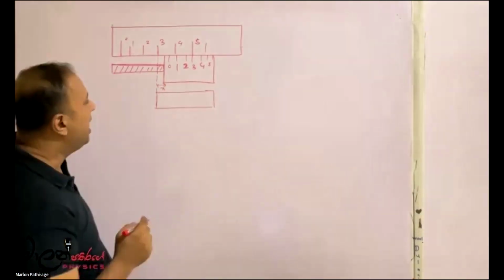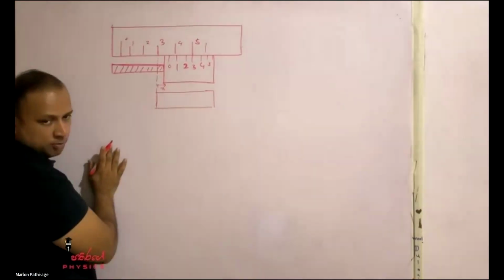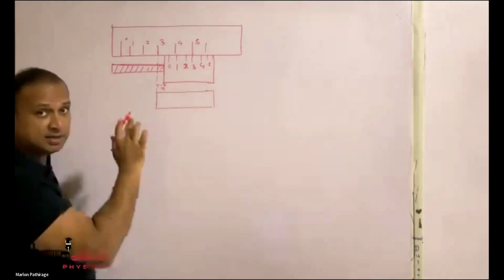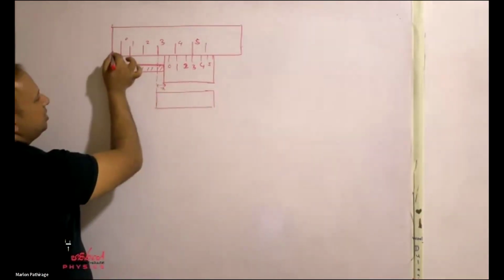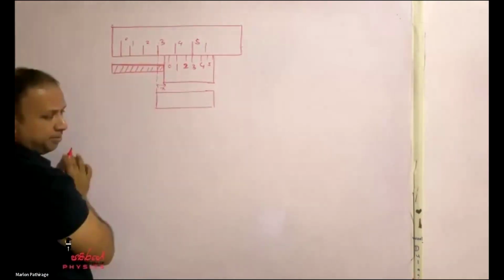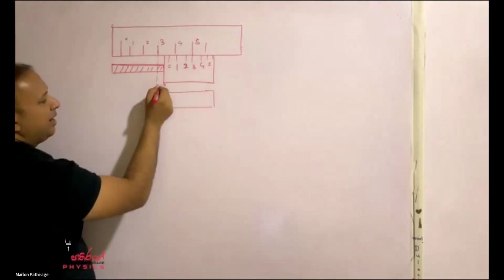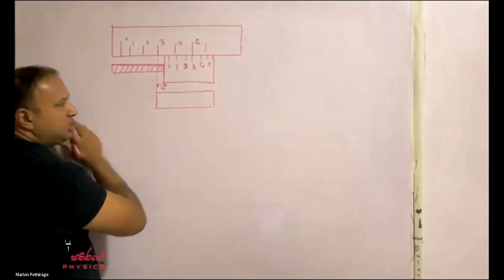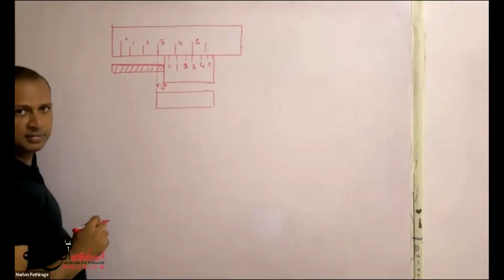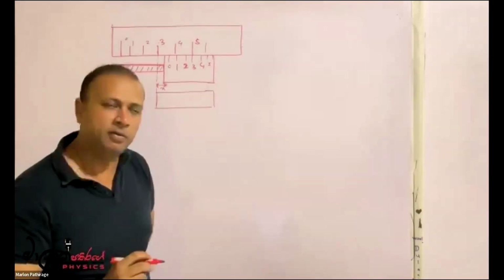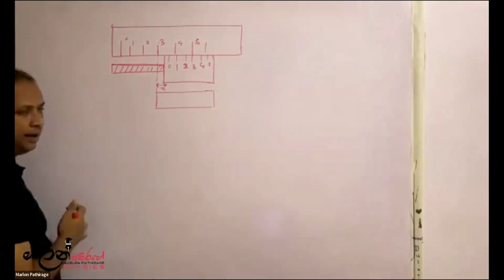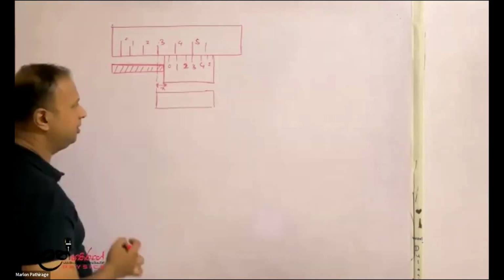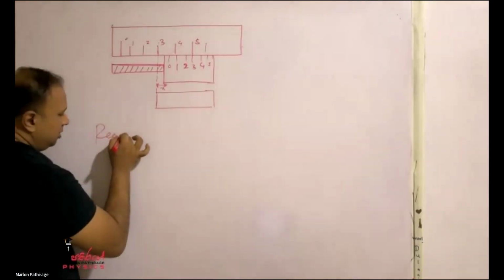Therefore, I can measure the distance x using our previous arguments. I can measure the distance from here to here, which is equal to 3, and I can measure the shifted distance of the vernier scale.